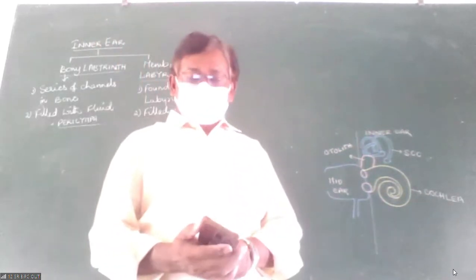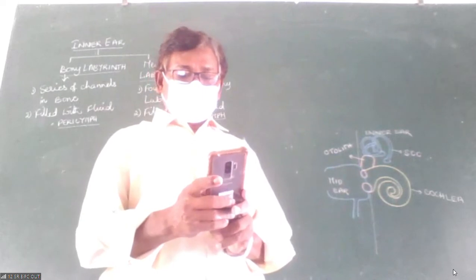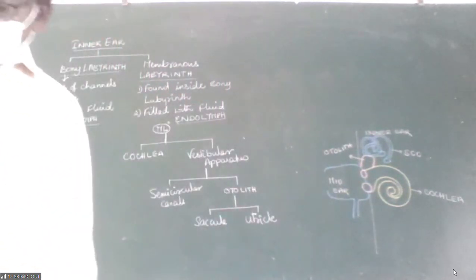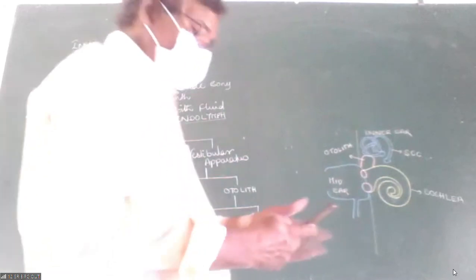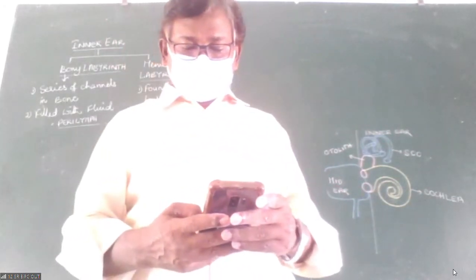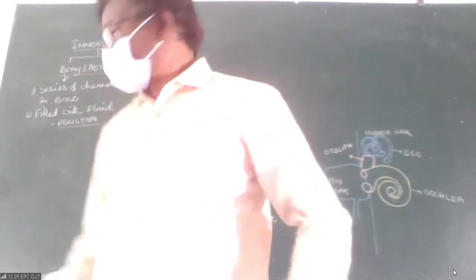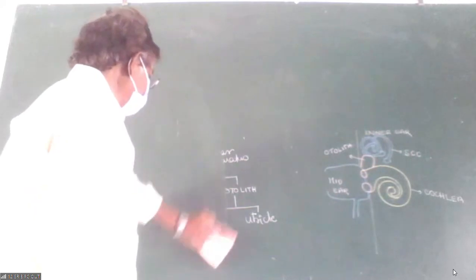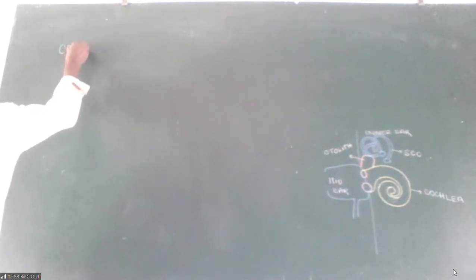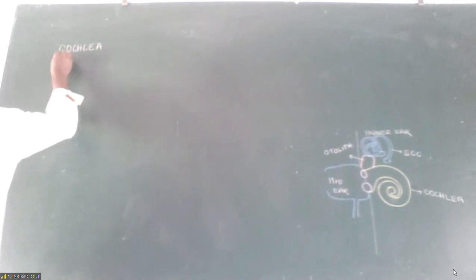Now we try to see, one by one, and the first one we see is cochlea. So among the two of them, the first one is called cochlea.